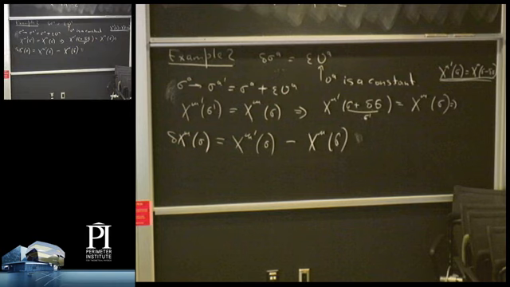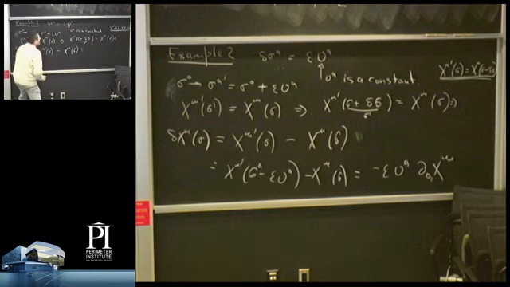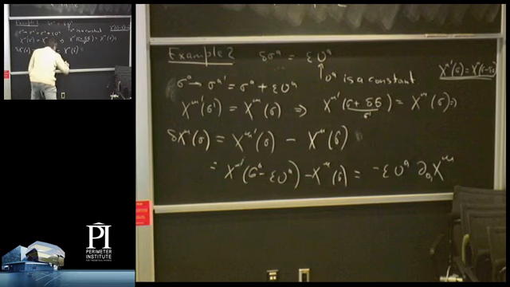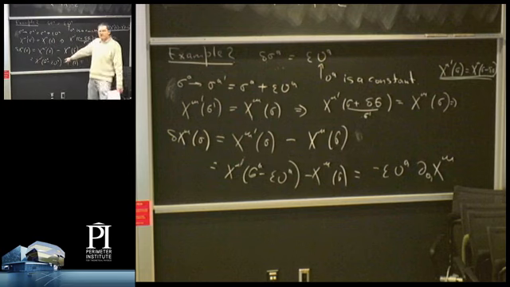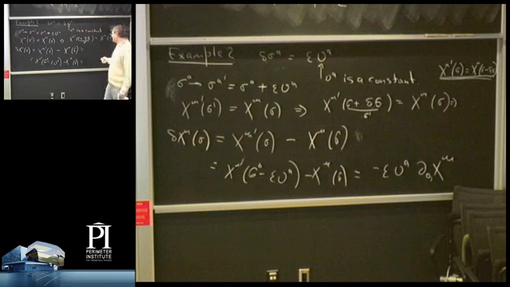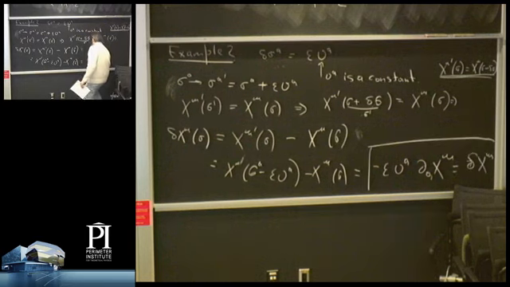Okay, so that tells me that this is the same as x mu of sigma minus epsilon dA, minus xa of sigma. And so you can see that we can do a Taylor series expansion and retain only the first term, so it's going to be equal to minus epsilon dA del A of x mu.